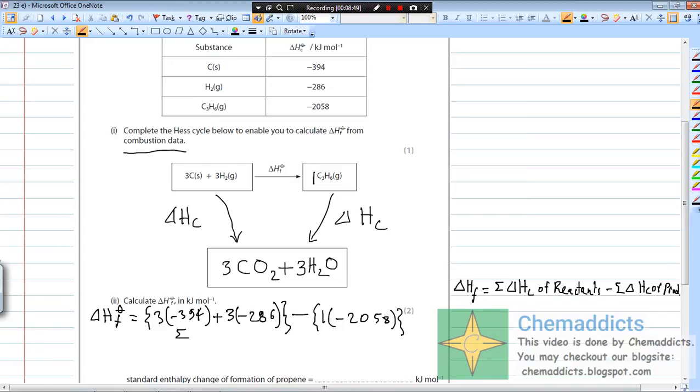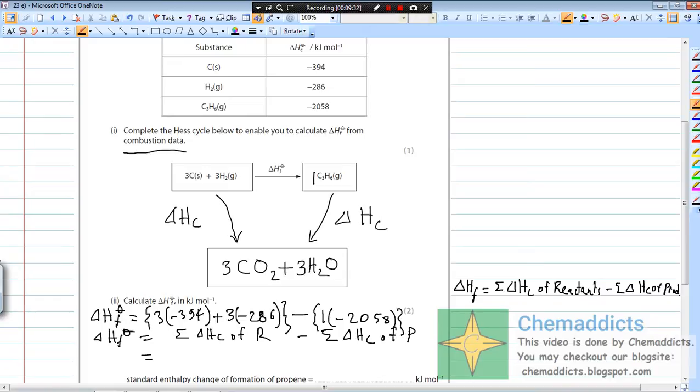Okay. Isn't it the formula that we have discussed a little before? Yes. So this is the general formula for finding out the formation enthalpy if the data given here are all combustion enthalpy.